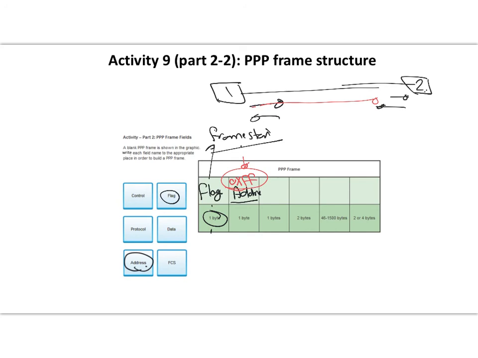Then we have the control field, and the control field is used again for two things: flow control and reliable communication.